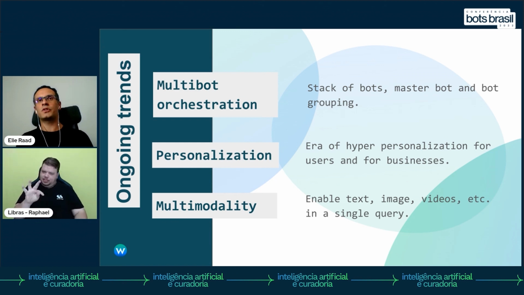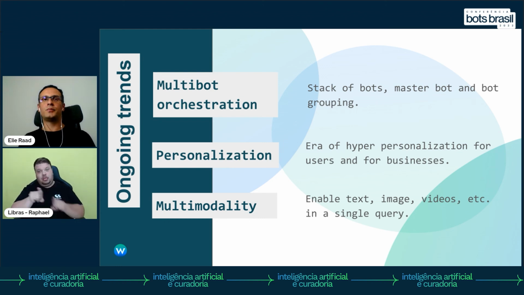In addition to the personalization, we are living in an era of hyper-personalization. Every user needs the answer with the right tone of voice and the right words that correspond to his persona.